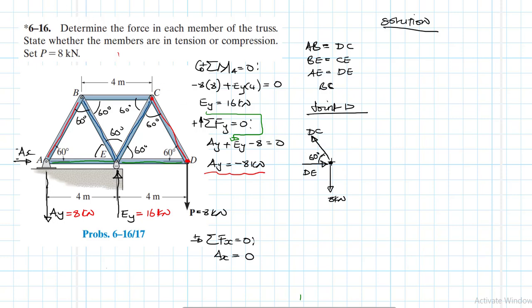DC is going to have two components because it is at an angle. We expect one component like so there, and another component the other side like that. This is DC sine 60, and this is DC cos 60.